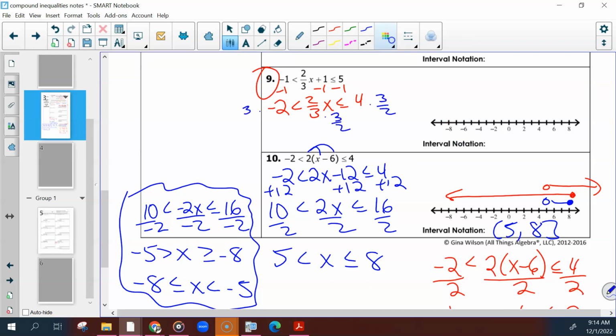But we have to do that to everything. So we have 3 times -2 is -6. -6/2 is -3. Is less than x. Is less than or equal to 4 times 3 is 12. 12 divided by 2 is 6. And then you can graph it. We have open circle at -3, closed circle at 6.